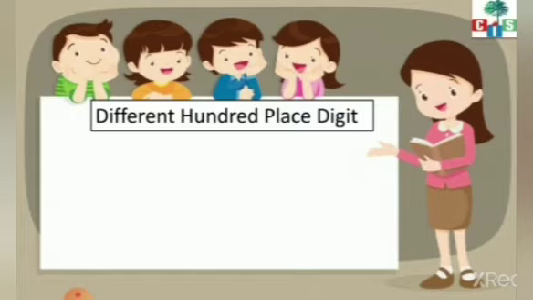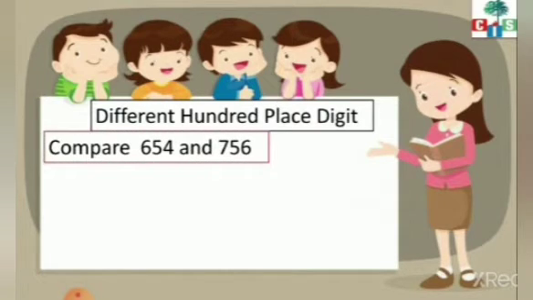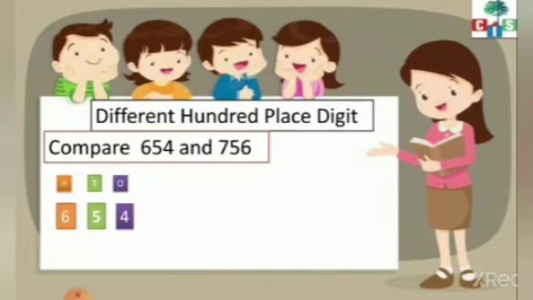Different hundreds place digit. So we have to look at the hundreds place value. So let's start. Compare 654 and 756. Hundreds, tens, ones. Your number is 654. So I will write 6 under hundreds, 5 under tens, 4 under ones. The next number is 756. Hundreds, tens, ones.